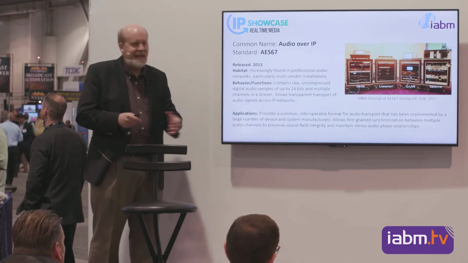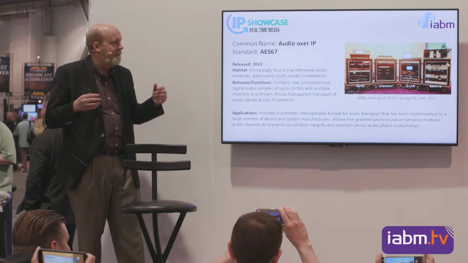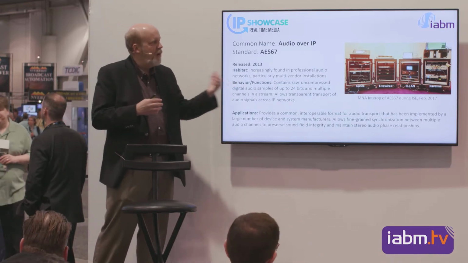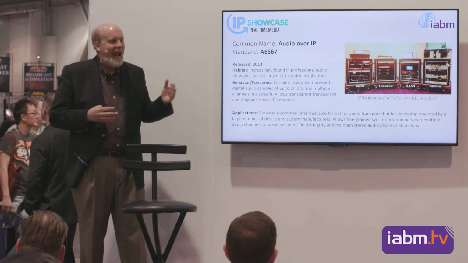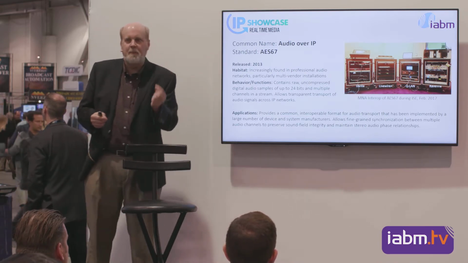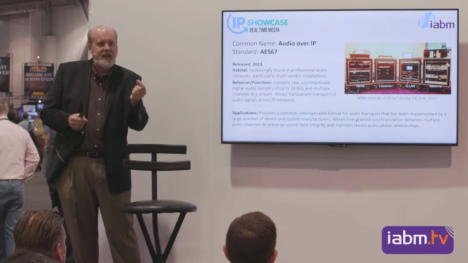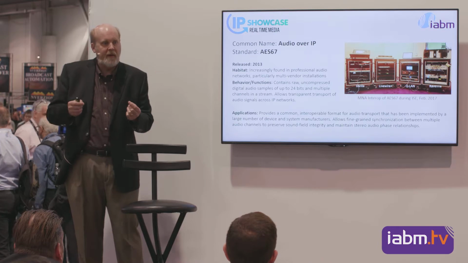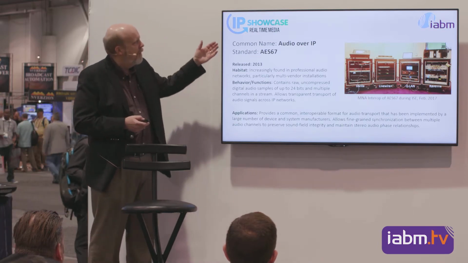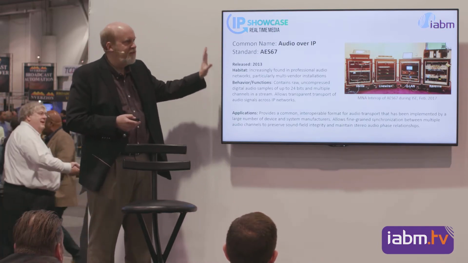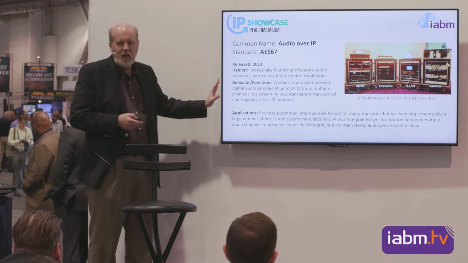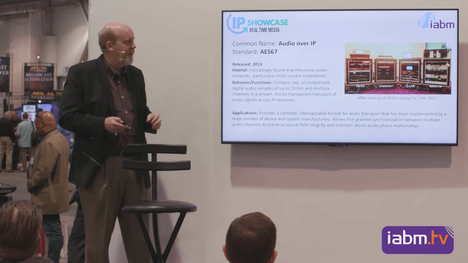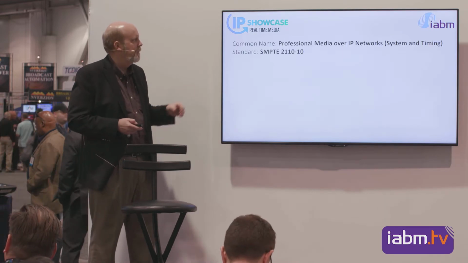So where we see it today is a common interoperable format for interchanging audio signals between all these different manufacturers, and AES-67 is the basis of 2110-30, which is the audio standard that we're going to be talking about here today. So it's a very important standard, it's very relevant, there's ongoing work in it, but it is the default for uncompressed audio over IP today.